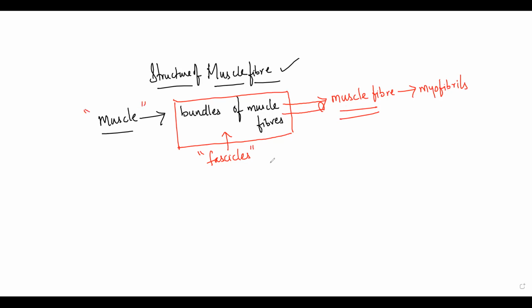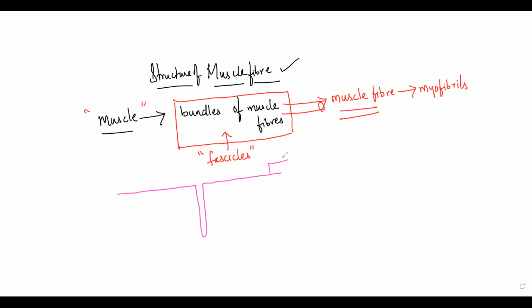Okay, children. So what I'll do is, let me give you the first cell. How is it going to be? If you look at the cell of this particular muscle fiber, it has its plasma membrane thrown into inward folds.